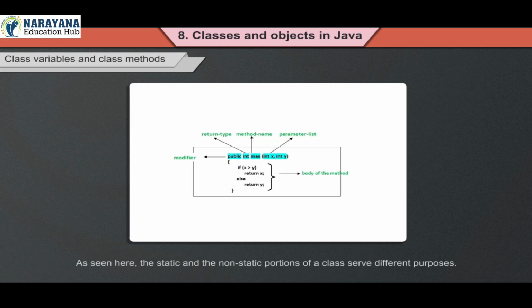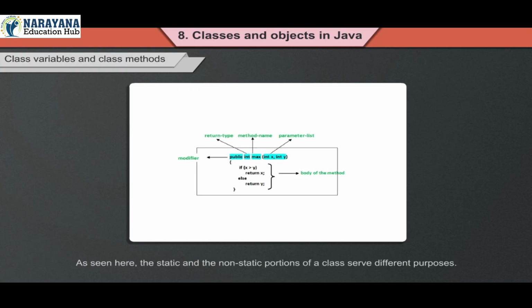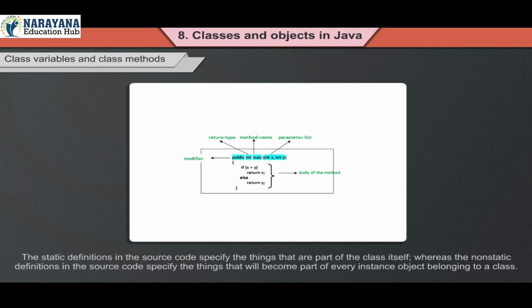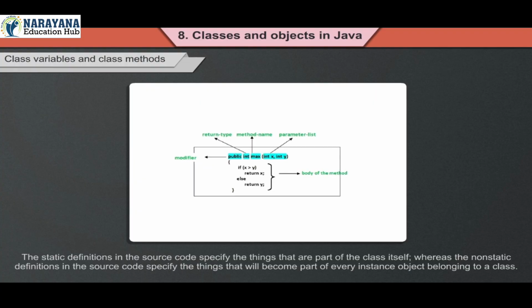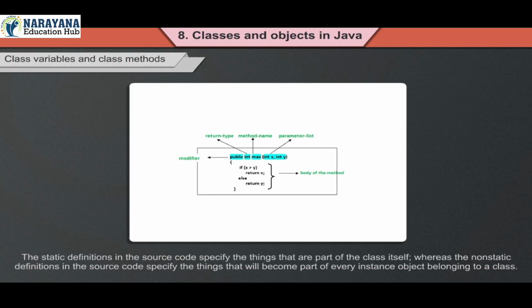As seen here, the static and the non-static portions of a class serve different purposes. The static definitions in the source code specify the things that are part of the class itself, whereas the non-static definitions specify the things that will become part of every instance object belonging to a class.